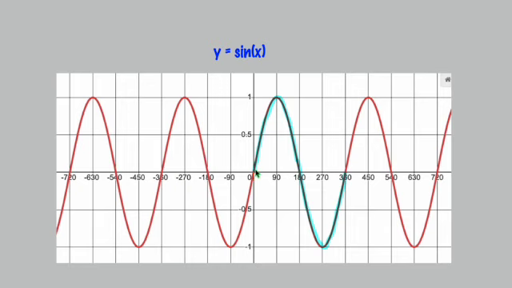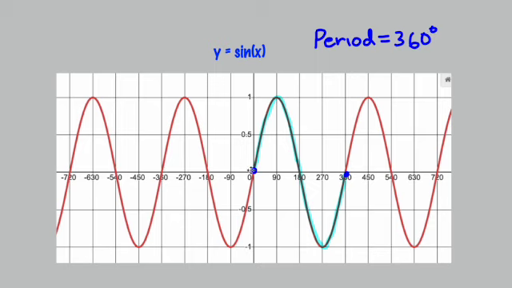And since it starts at 0 and at 360 it repeats and starts going uphill again and repeating the same pattern here, we talk about it having a period. So a period is how often it would be repeating itself, and the period in this case would be 360 degrees.